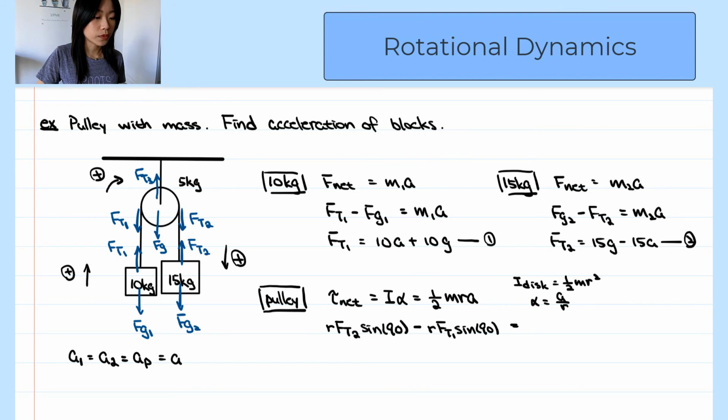And this equals half times mass times radius times tangential acceleration. Sine of 90 equals 1. And we can cancel out the radius of the pulley on both sides. So we are left with the second tension force minus the first tension force, and this equals half times m a. And the mass of the pulley is 5 kilograms. Let's call this equation 3.